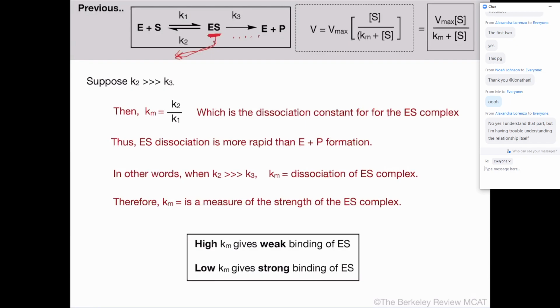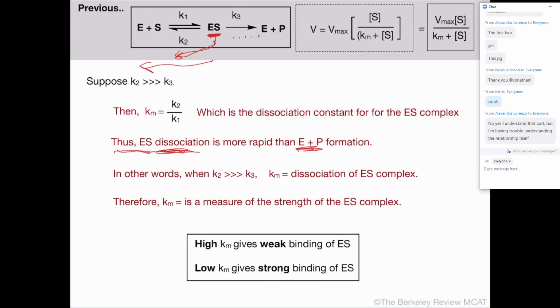Thus, your enzyme substrate complex dissociation is much more rapid than your enzyme plus product formation. So when K2 is much, much greater than your K3, your Km is going to equal the dissociation of your enzyme substrate complex back into enzyme plus substrate.